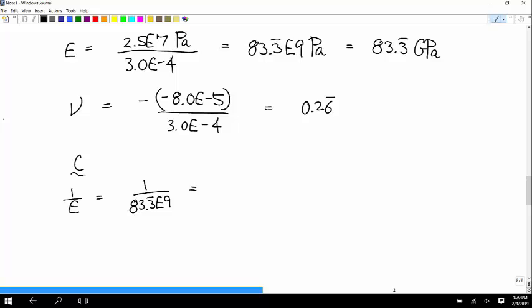And so you get a value of 1.2 times 10 to the minus 11.